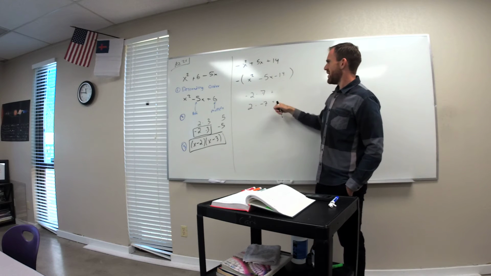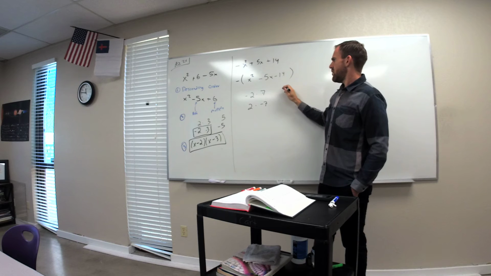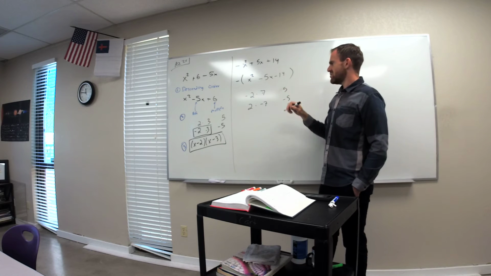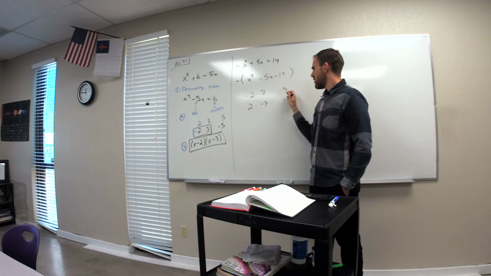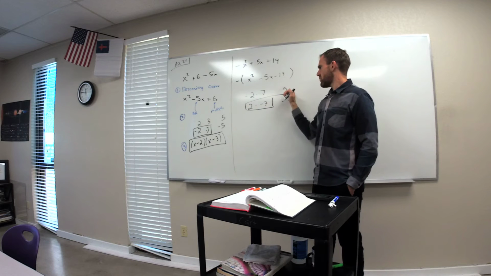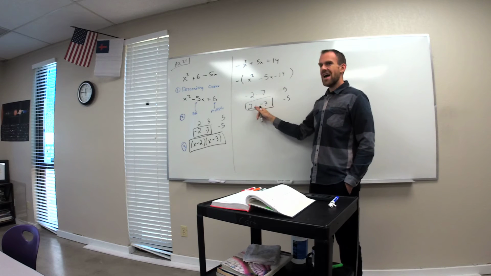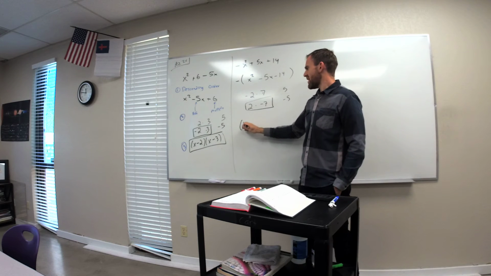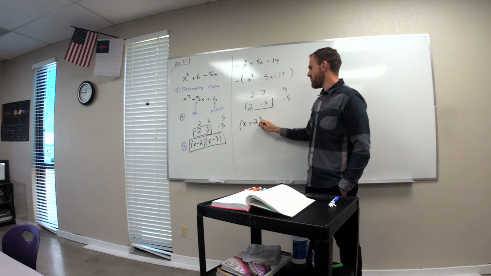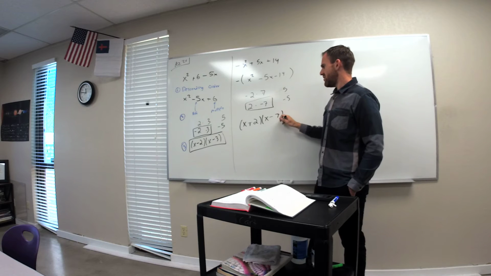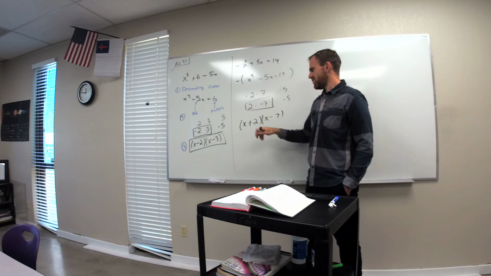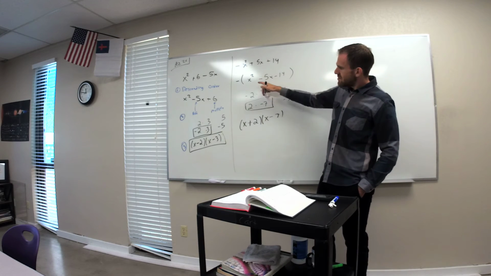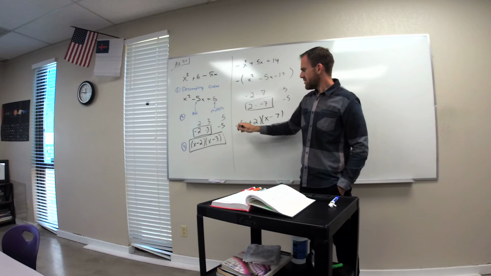If I add them, I get 5 or -5. Which one's correct? This one, because those two numbers add to make -5. So now I'm going to factor it. It's x plus 2, x minus 7. And the negative goes out front.